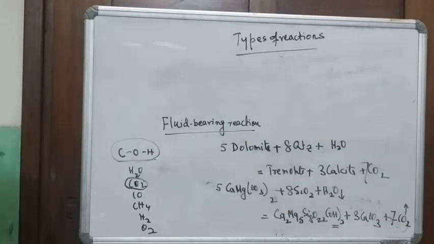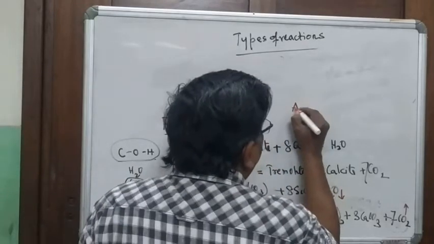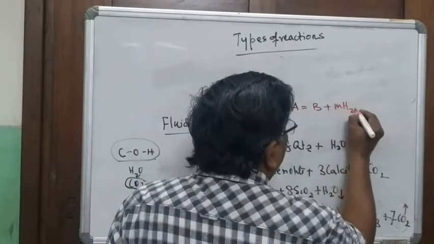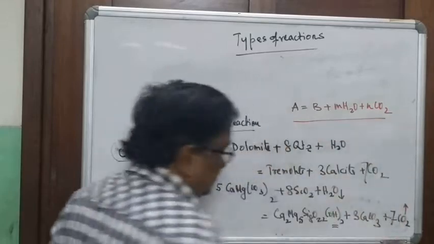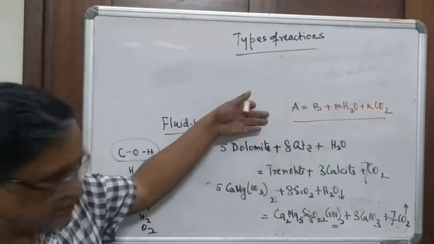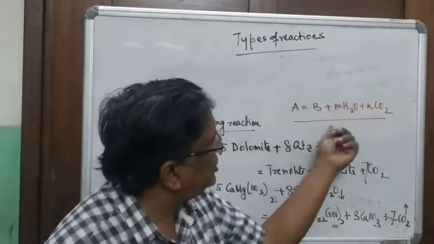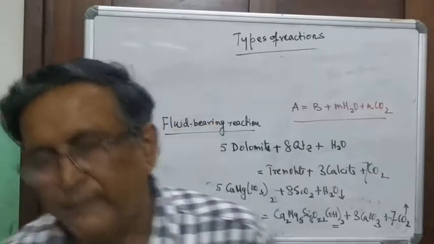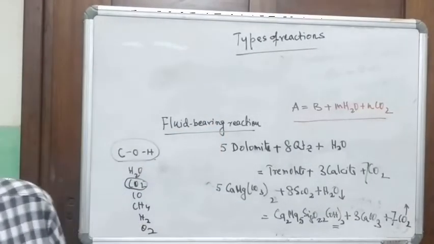Have you understood? It is also possible that you can have a reaction A is equal to B plus mH2O plus nCO2. This is also possible, that you have a set of reactants that produces another product and liberates H2O and CO2 in some molar ratio. Also possible. We will talk about them when we are talking of metamorphism of siliceous dolomites.